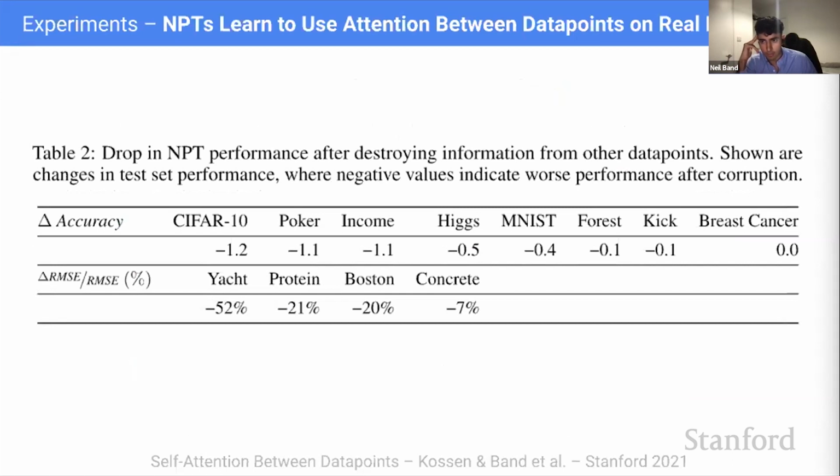I'll also note that there's this interesting behavior where on data sets like forest, kick and breast cancer, we actually observed that there's basically no drop in performance.